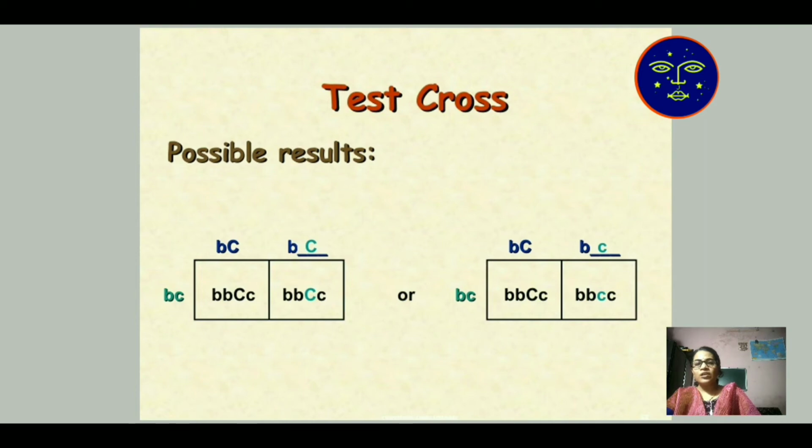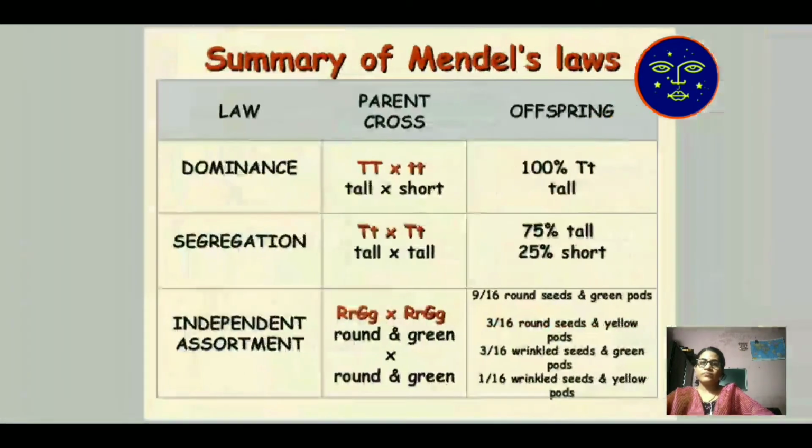So the result is blue eyes with curly hair, and blue eyes with small c, which means straight hair.